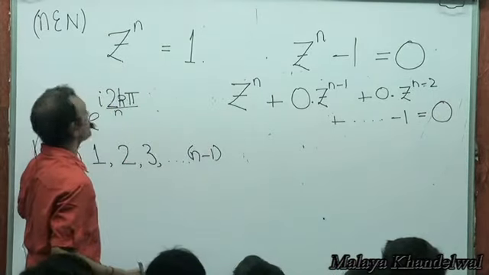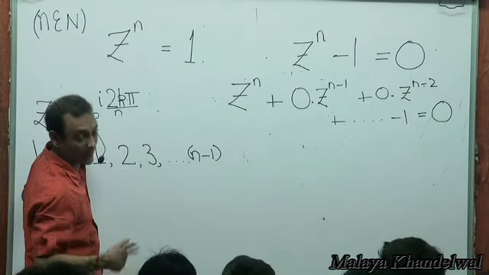What are the roots of this? These zk's, z0, z1, z2, up to z n minus 1 are the roots.